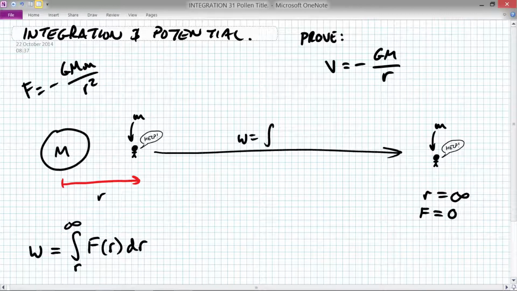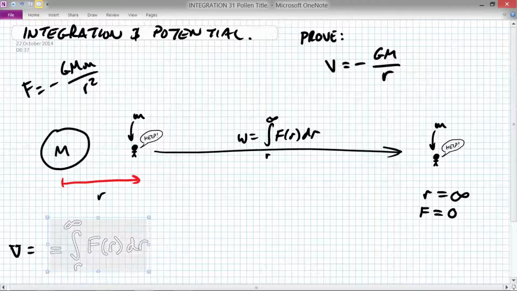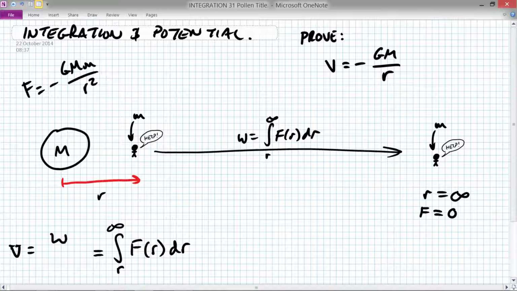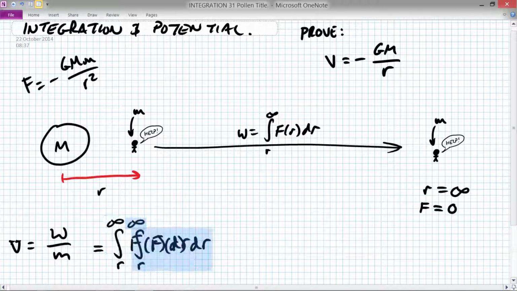So I'll just write that again there. That's the integral of f(r) dr from r to infinity. Now we said that potential is actually the work done per unit mass, so it's the work per mass, which means I have to just add an extra term to this integral.